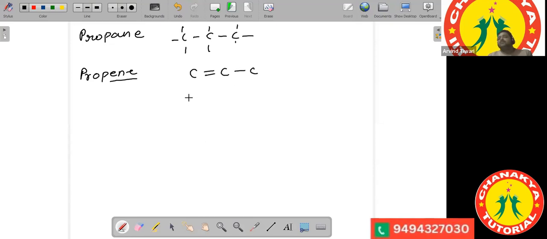Now the remaining bonds will be filled with hydrogen. So this is how it is. Hydrogen, hydrogen. So this is the structure of propene.